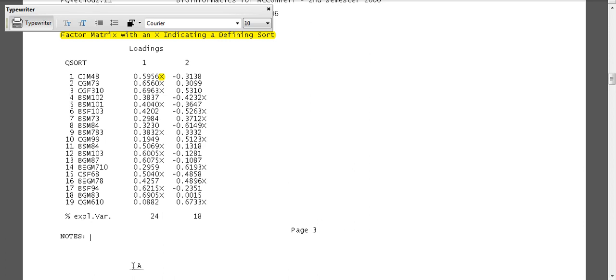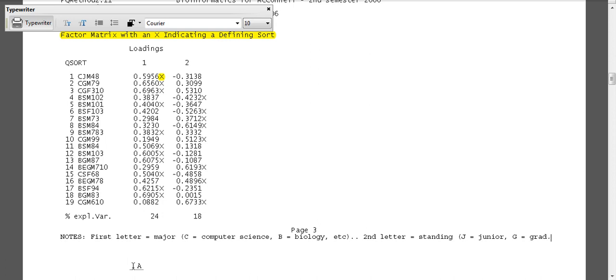I might say the first letter equals major, so C equals computer science, B equals biology, etc. And then the second letter equals what their standing is. So J would, for instance, be junior, G equals grad student, etc.